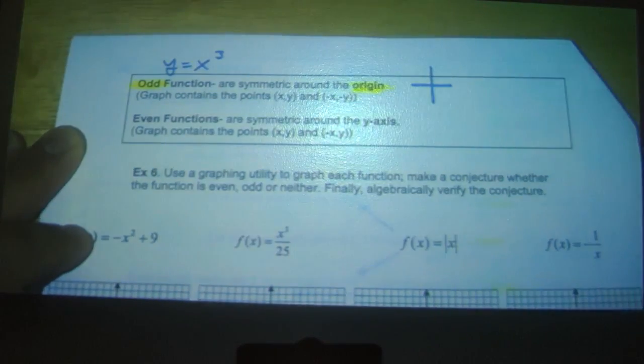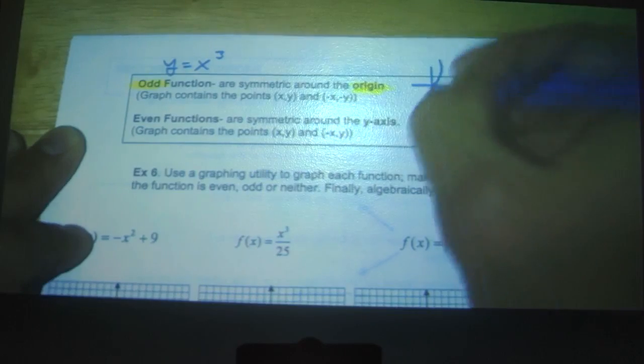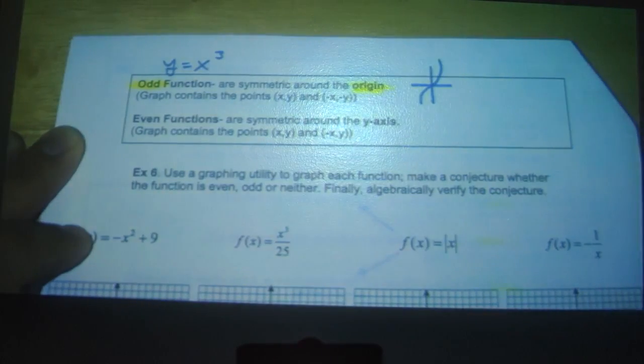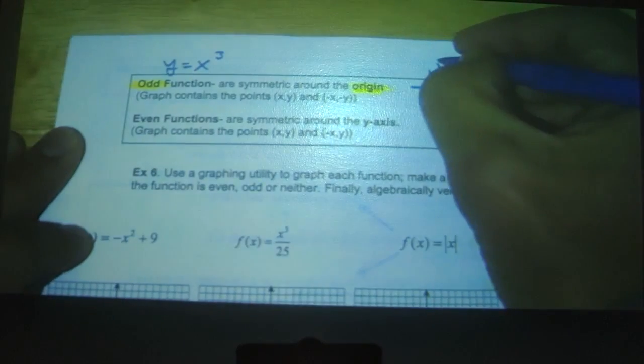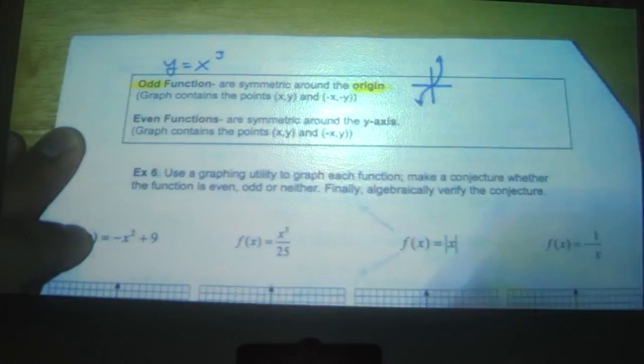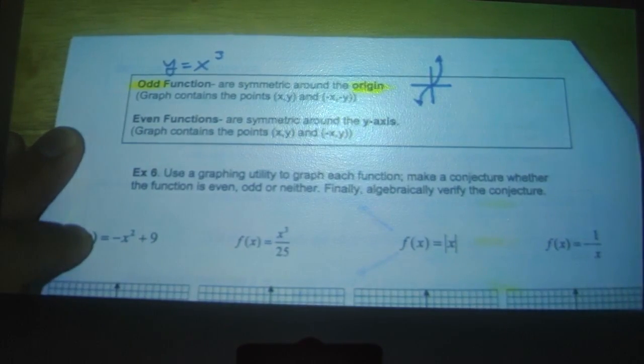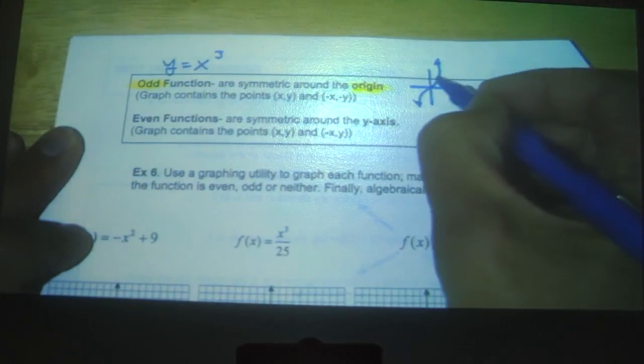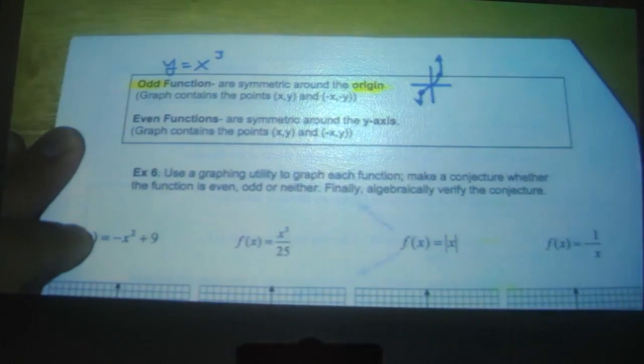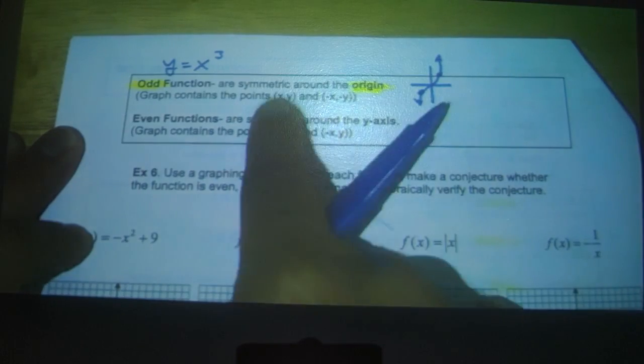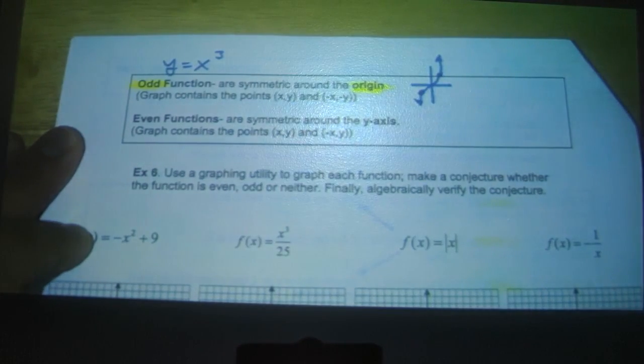If I plug that in the calculator, you will see an S-curve like this. That is an example of an odd function. It is symmetric to the origin, so what's over here is over here. (x, y) is on the graph, and (-x, -y) is on the graph.